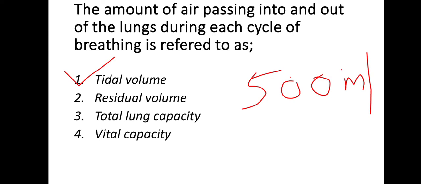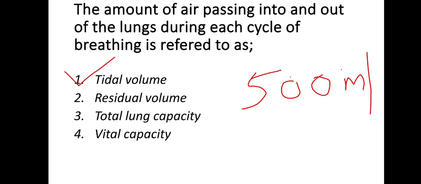Next is the total lung capacity. Total lung capacity means the volume of air in the lungs upon maximum effort of inspiration. After a maximum effort of inspiration, how much air will be inside the lungs? That is the total lung capacity. The total lung capacity for an adult is about 6 liters.